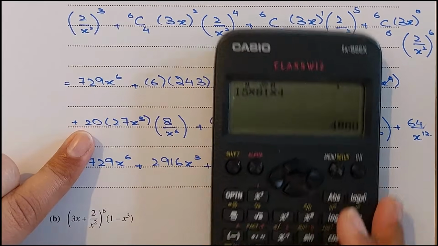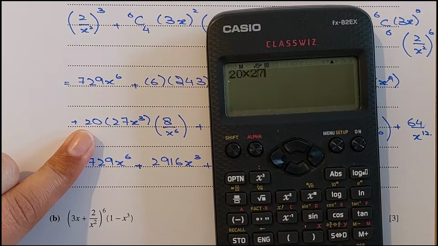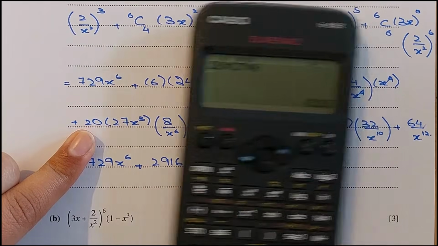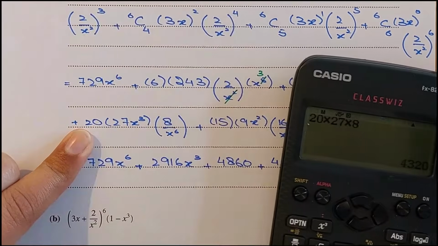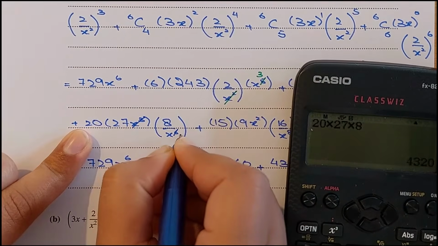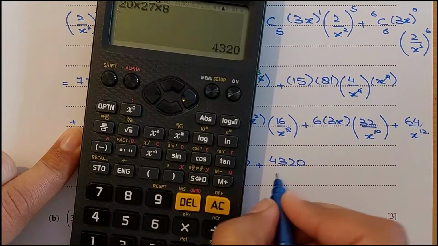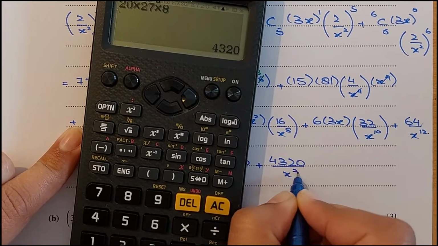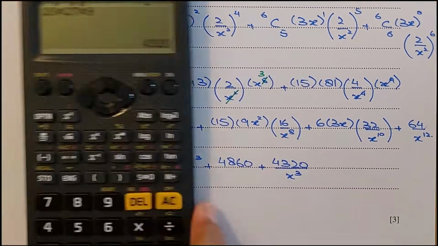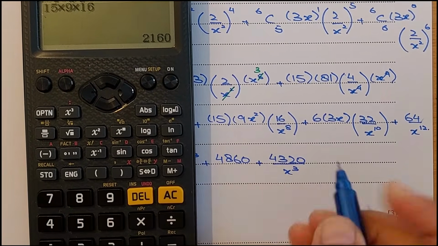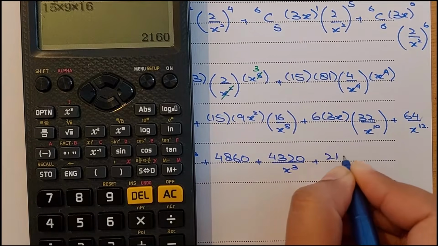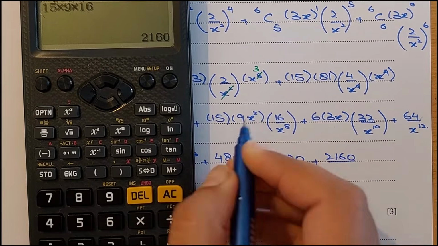Plus 20 times 27 times 8, this is 4320, and this is x cube over x cube. Right, this term is now 15 times 9 times 16, 2160.